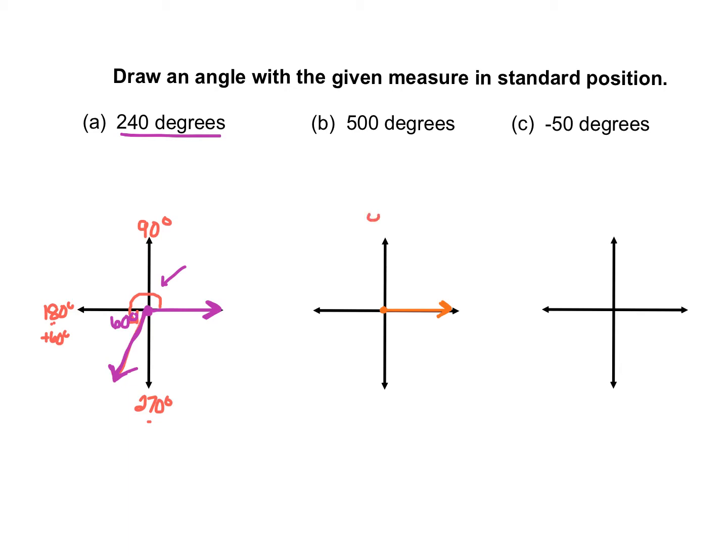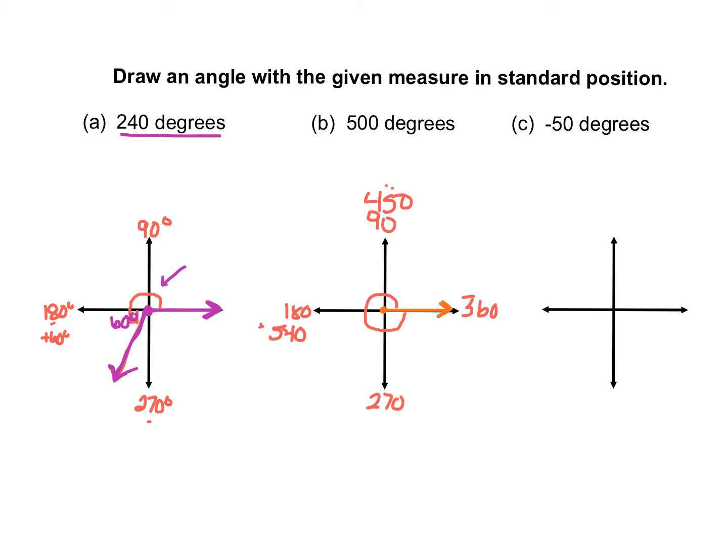So here we're going to go 90, 180, 270, 360. We've gone all the way around the circle once. And then we're going to go again. So 360 plus 90 is 450, and then 450 plus 90 would give me 540. So I know that I'm somewhere between these two when it comes to a 500 degree angle.